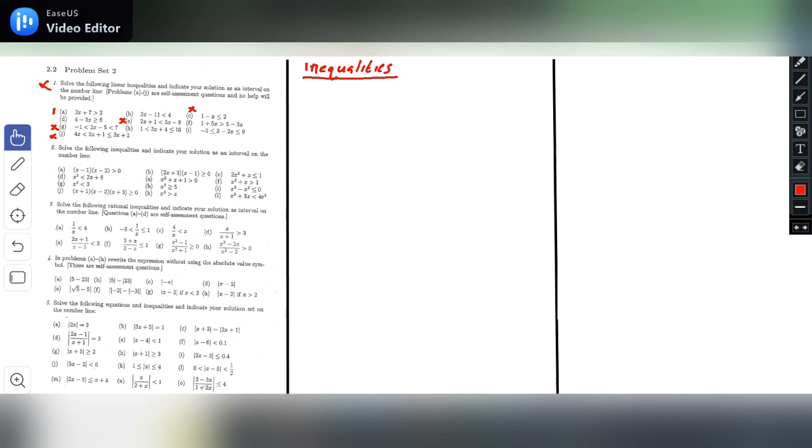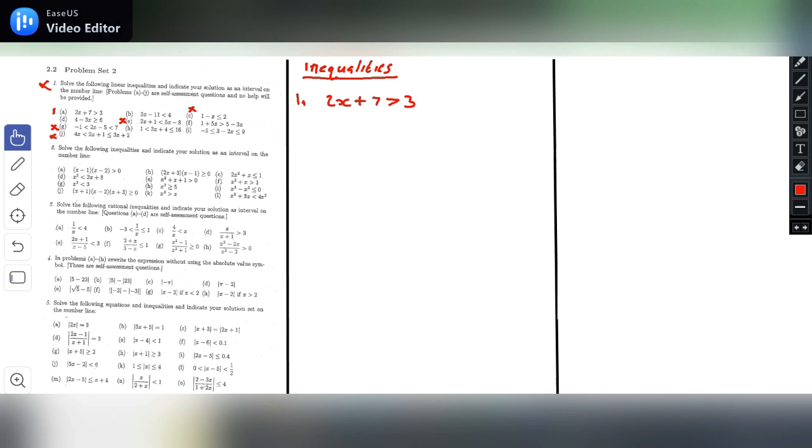So let's start now. For example 1, we are given 2x plus 7, which is greater than 3. We are asked to solve the following linear inequalities and indicate your solution as an interval on the number line.